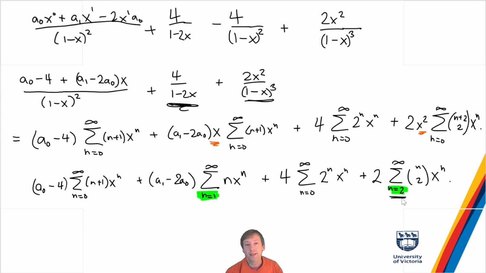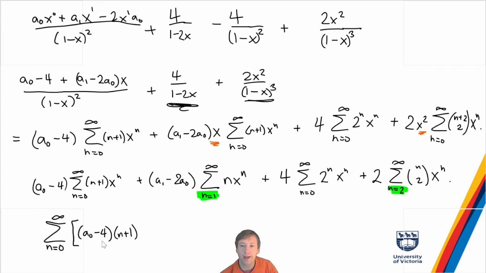If I started this sum at 0, that also gives me a couple of 0 terms, which is perfectly fine. So I can actually just write my final answer now. Okay, maybe it's not quite the final answer, but it's pretty close. Sum from n equals 0 to infinity, a0 minus 4 times n plus 1.